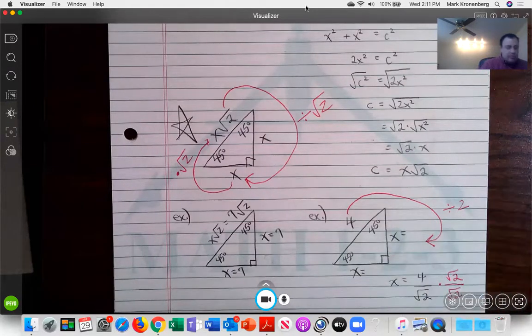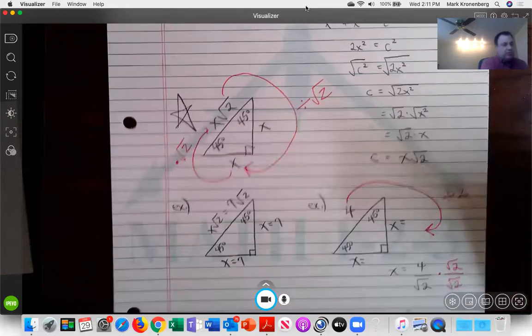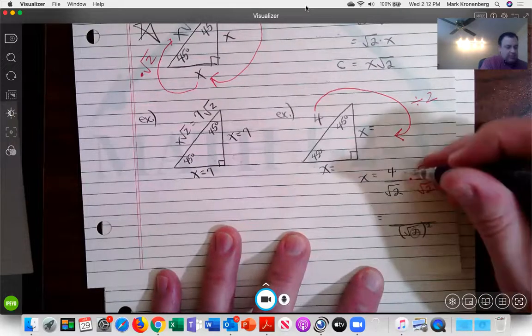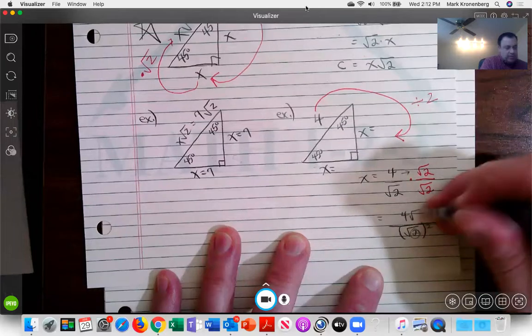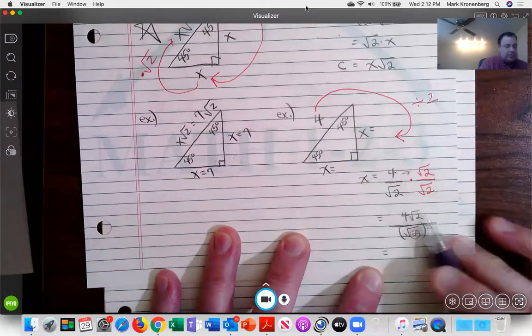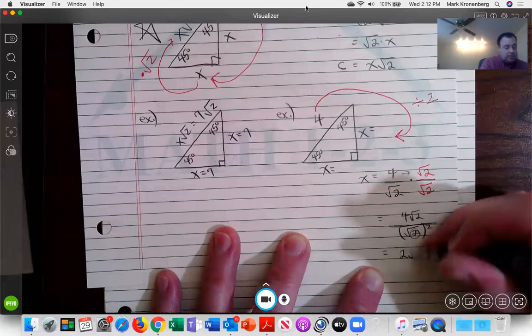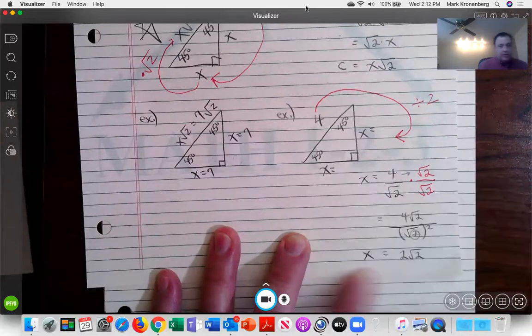So now on the bottom, we have root 2 squared. Square root and square cancel out, leaving the radicand 2. And on top, we'll just have 4 root 2. So this becomes 4 root 2 over 2, or just 2 root 2. So each side is now 2 root 2.